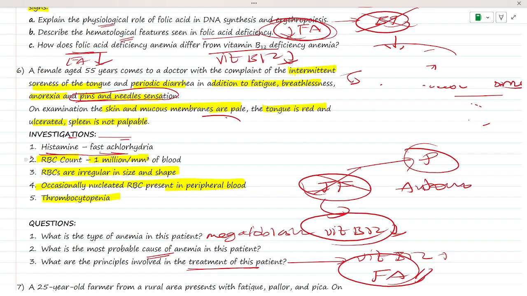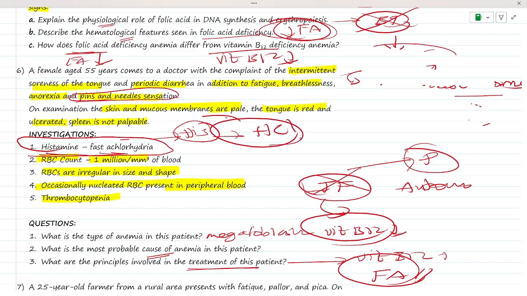So histamine-fast achlorhydria means there is no release of HCl after the injection of histamine. Normally, after giving histamine to a person, there will be rapid release of HCl and gastric juices from our stomach mucosa. So after the histamine test also, there is no release of gastric acids.